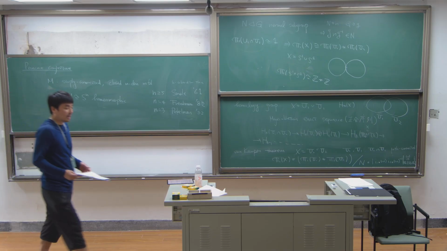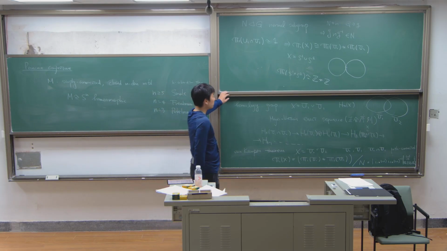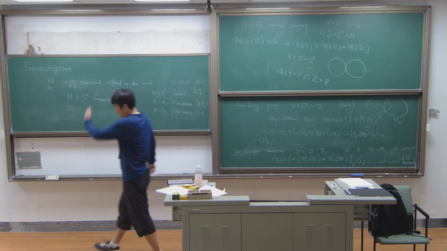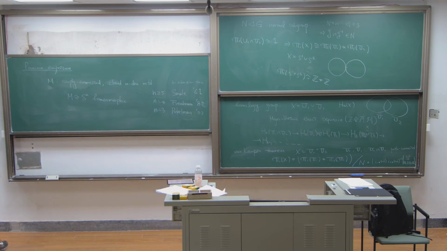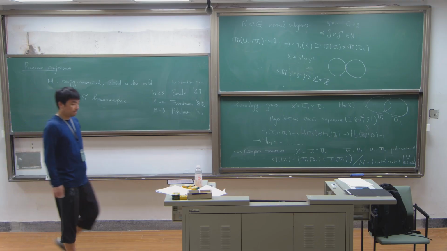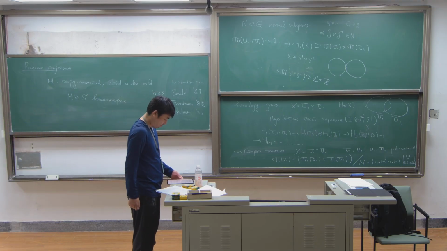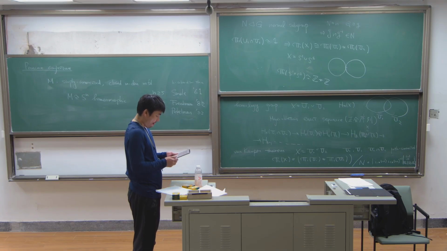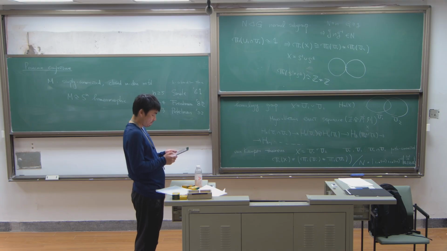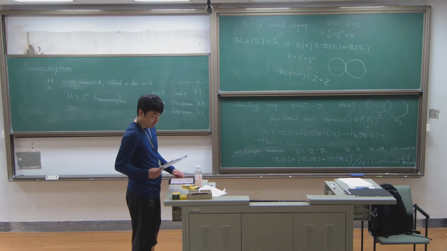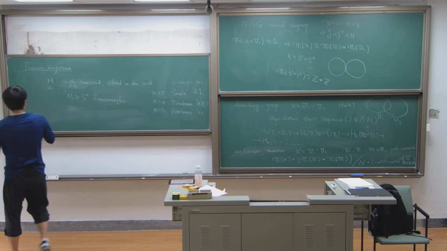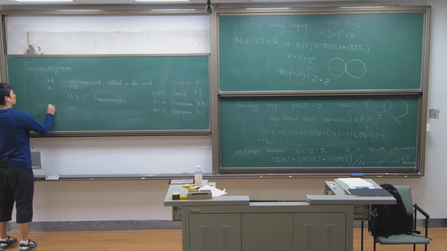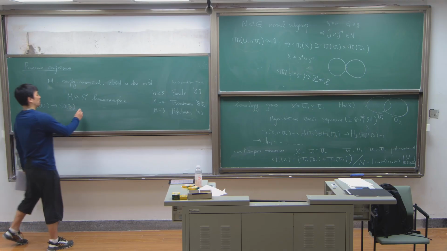So by the way, SU(2) is mapped to SO(3). This is a double covering.